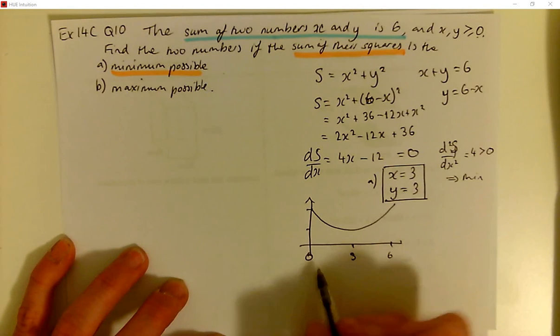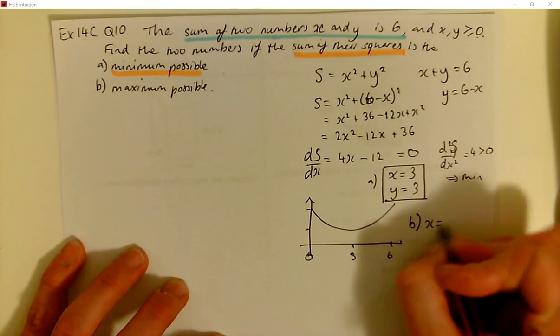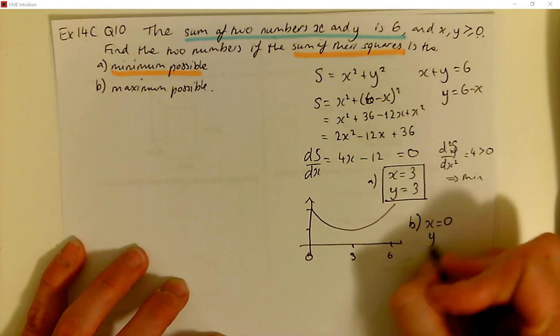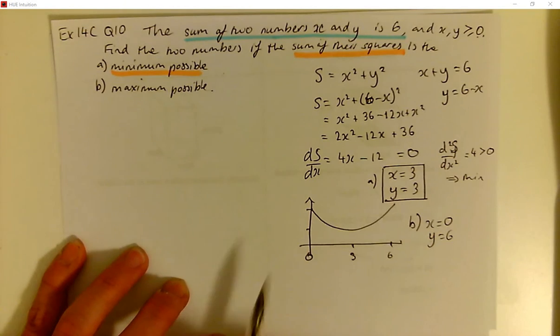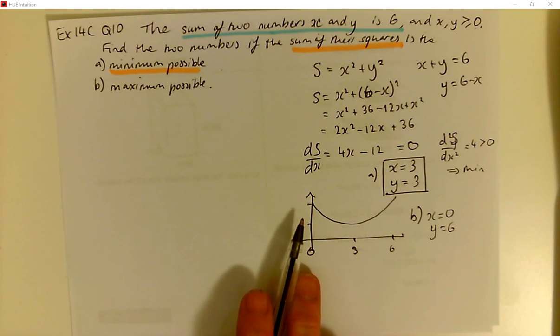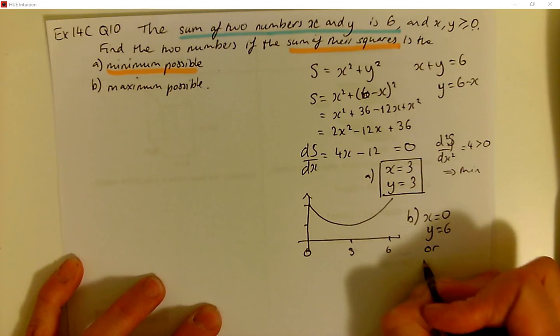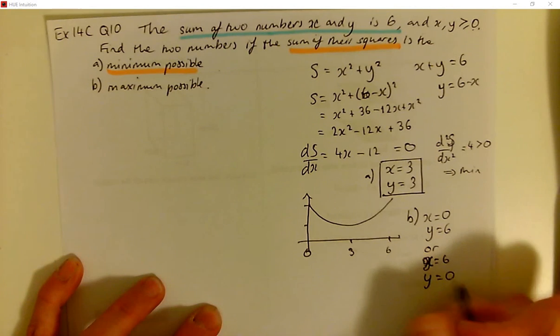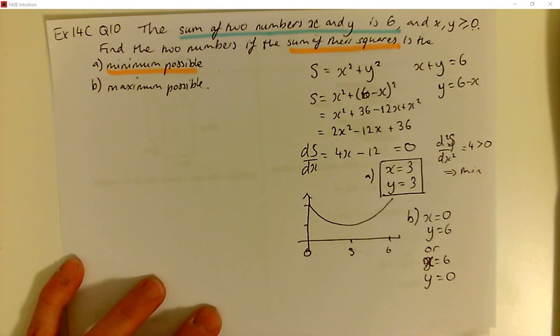So for B, we could have x is 0, and in that case y would be 6, and the sum of squares would be 36. Or we could have x is 6 and y is 0. So if something odd comes up, a really good idea is to sketch on your graph. I hope that's helped.